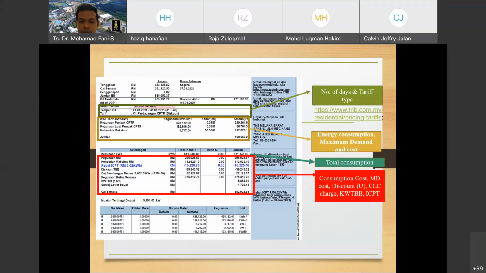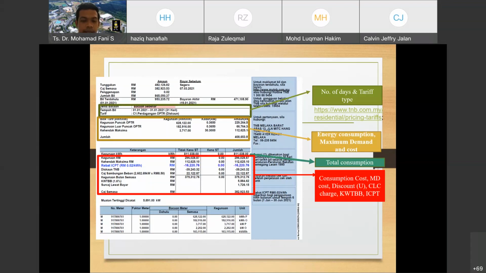UTM also considered the new buildings during that development, for the FKP, for the FTMK, and the new Dewan Kuliah over there. So they declared a maximum demand of about 9,000 kilowatt.